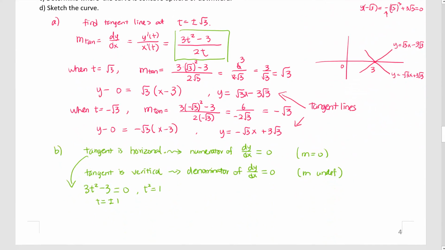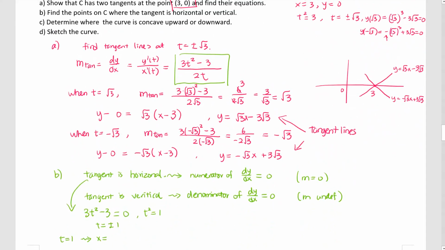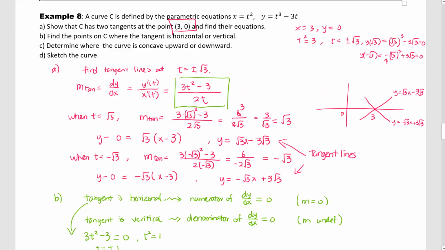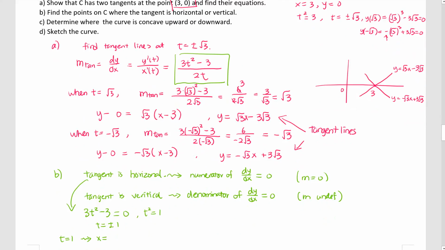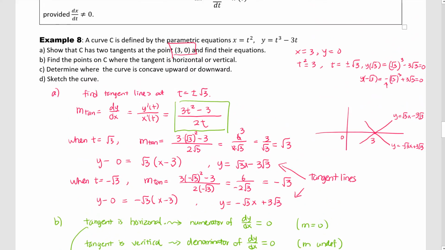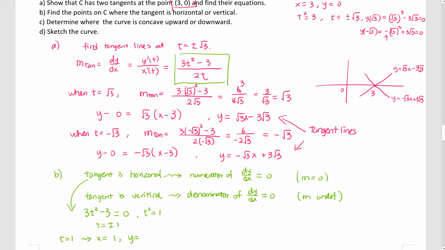Okay, so t equals 1 corresponds to x equals, let's see, x is t squared, so 1 squared is 1. But y is 1 minus 3, which is negative 2.